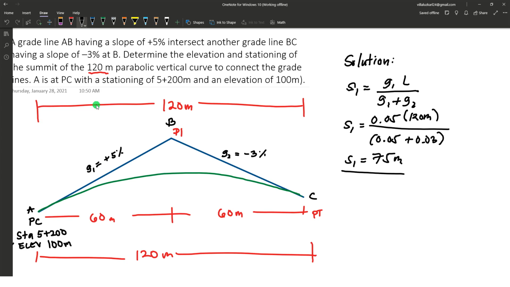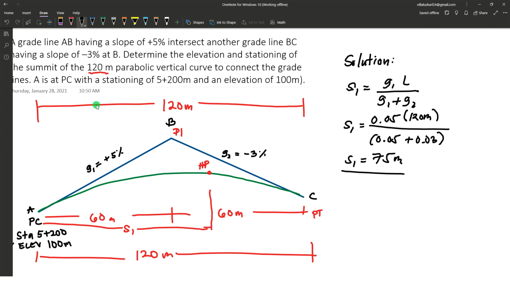So 75 meters from point A is approximately located right here, the highest point. So this is your S1 from the highest point to PC.